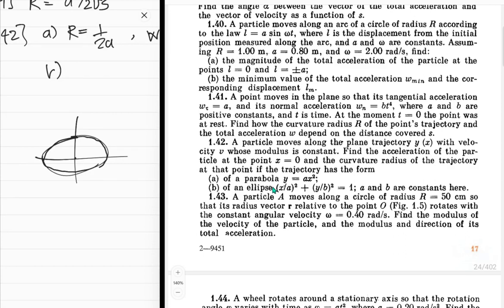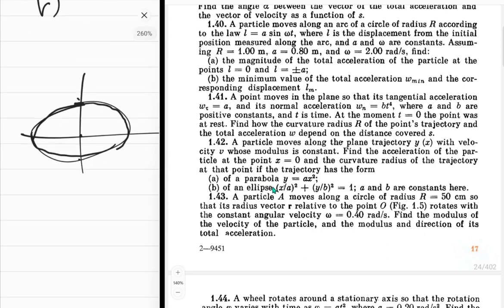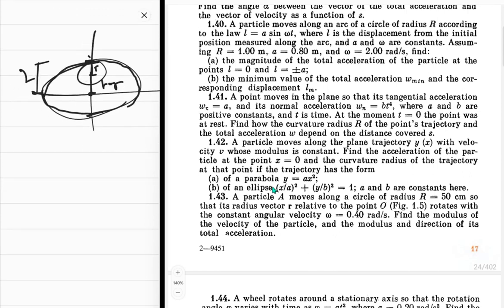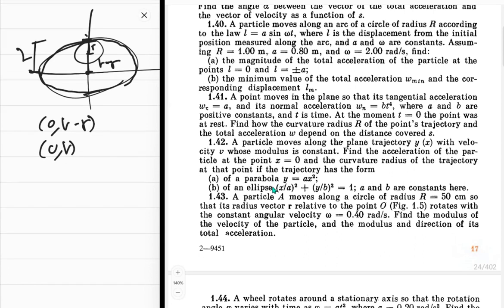So you have 2 points, so just go with the upper part because it's symmetric anyway. We'll say this is radius r, and this completing is just b. So then this is b minus r. So our point is 0 comma b minus r, and the other point that this passes through will be 0 comma b.